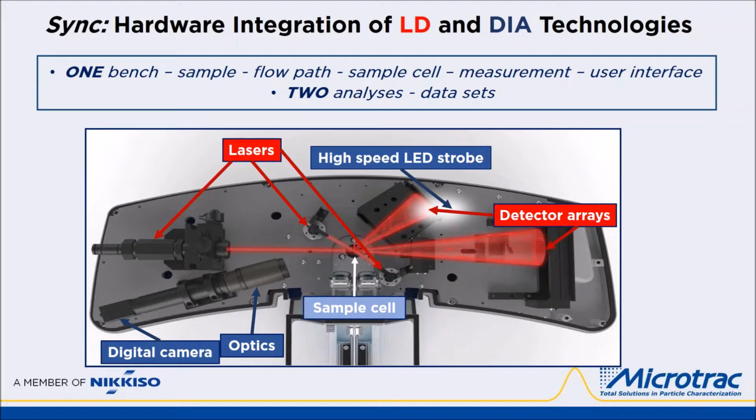The sample cell, one mounted in each dispersion module, is located where the white arrow points, and the dynamic image analysis hardware includes the high-speed LED strobe at the top and the optics and digital camera assembly in the lower left.